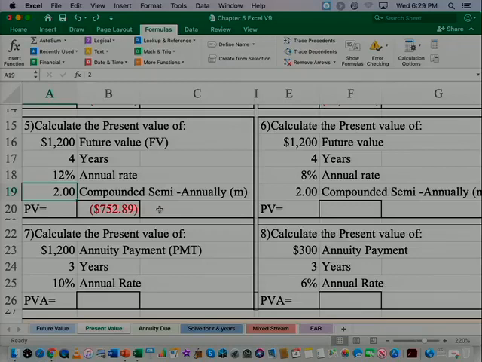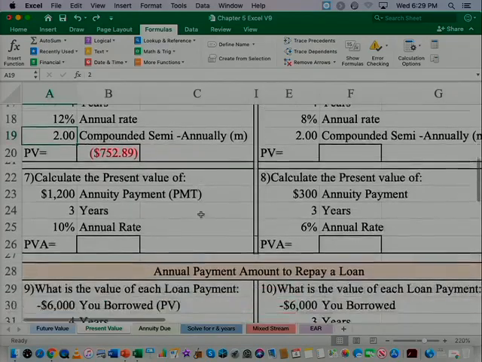So try question 6 on your own before we get to the annuity section.